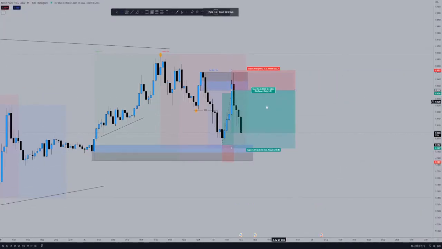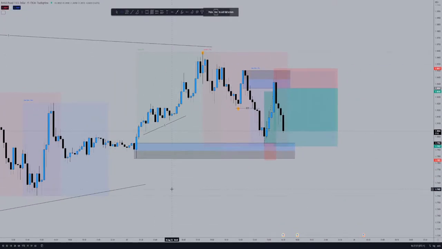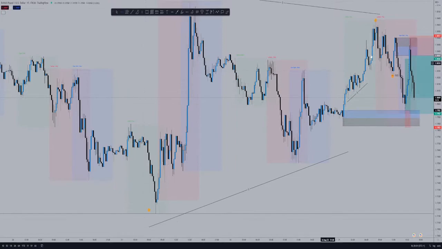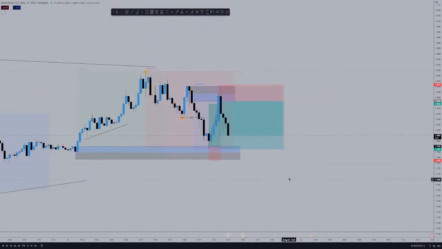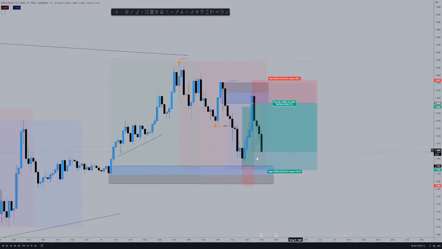Okay, hello, welcome back. So this is the pound dollar 15-minute chart, and we're going to go over a bit of analysis. We're currently live in this short position right now. We've just had this 1 to 3 long position hit take profit, and price came into our supply order block entry as usual.